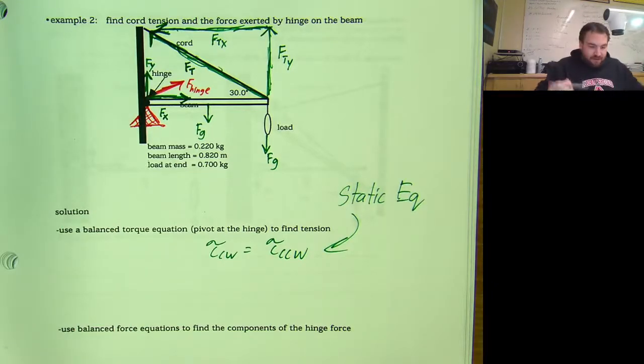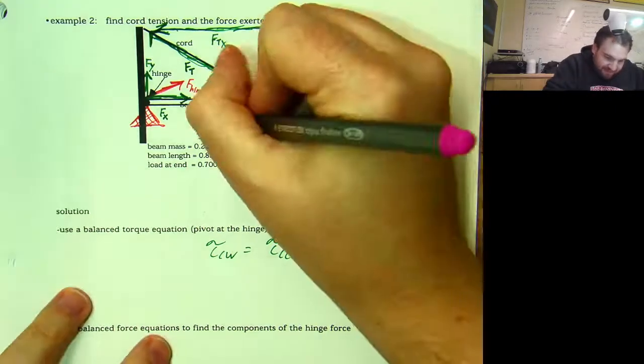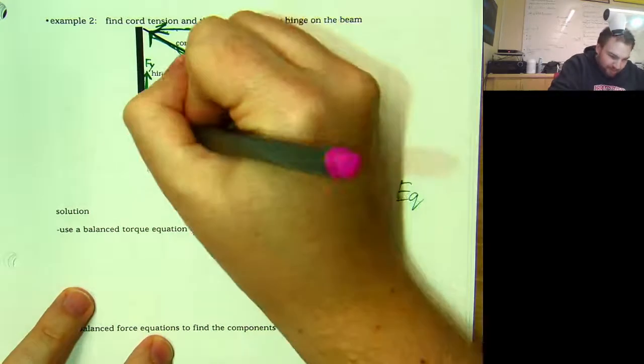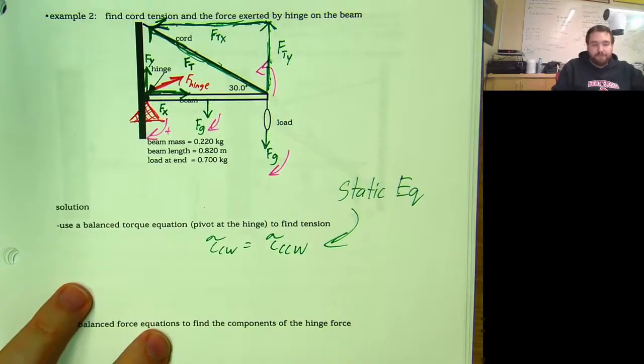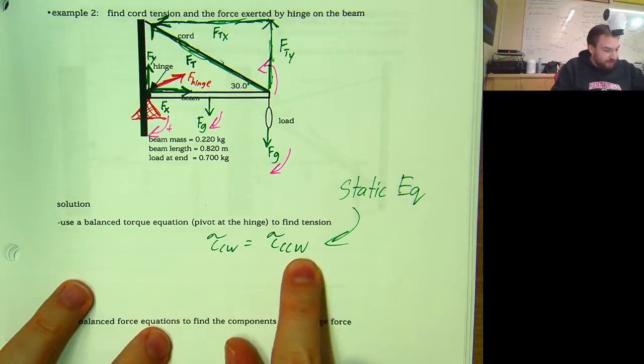Which leaves us with these two forces and this force here. This guy's going to create a torque that way, this guy's going to create a torque that way, this guy's going to create a torque that way. And we're going to call this way positive, as we always do. So my torques clockwise equal torque counterclockwise.